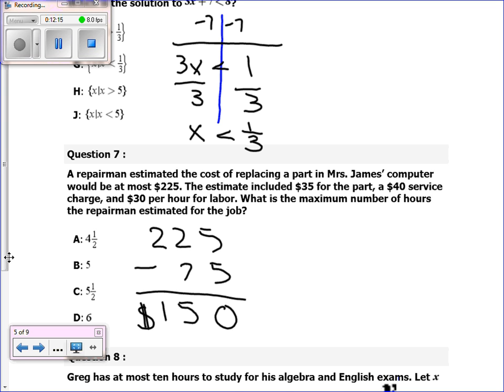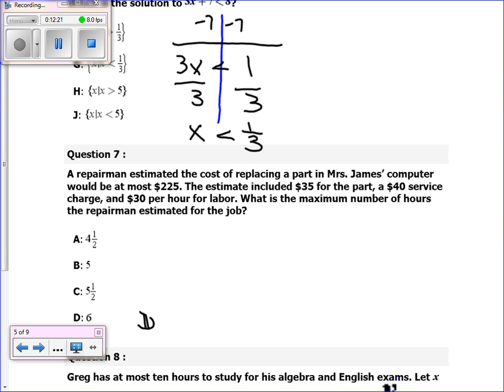All right, now if you wanted to set up an inequality, you could have done it like this. You could have said that my estimate, my parts plus the service, plus the labor, okay?